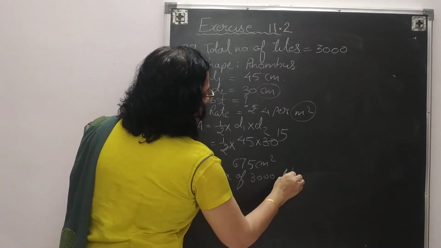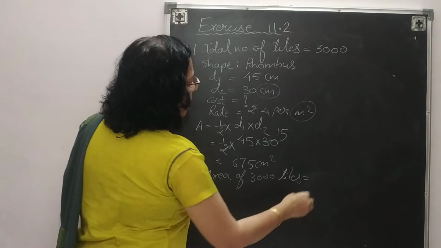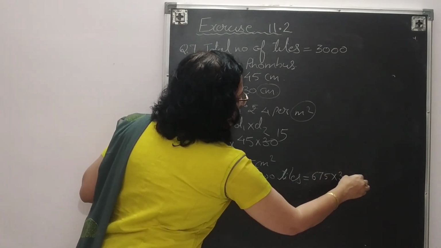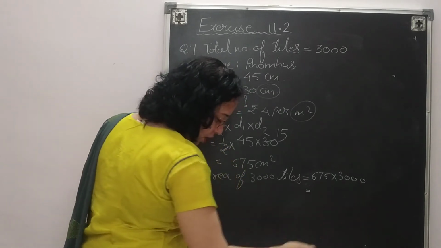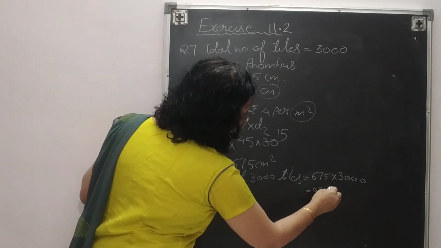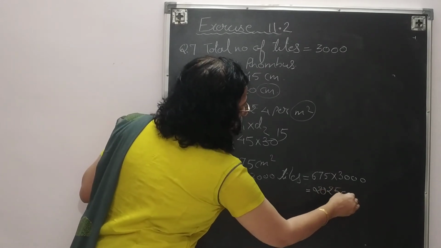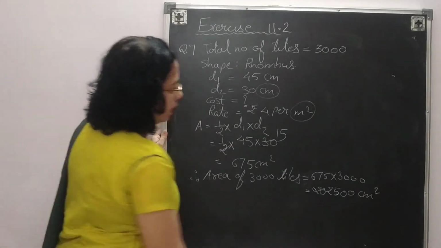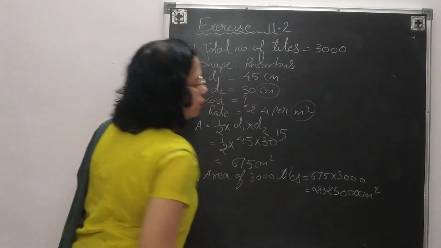Area of 3000 tiles. So you will multiply 675 into 3000, which will give you here 2025 and 00 centimeter square. One more zero is there.